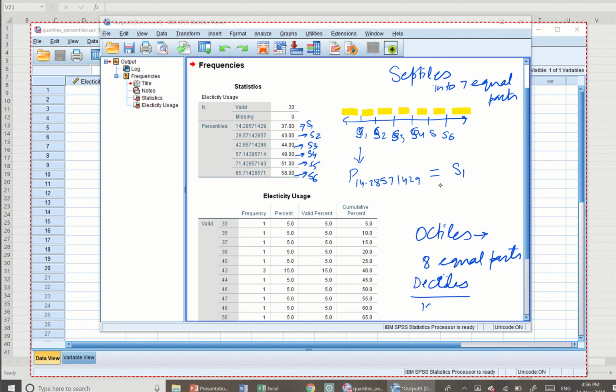Deciles divide the series into 10 equal parts. Right. So although these measures like octiles, deciles and septiles are rarely used and probably you might not have heard about them, the thing is SPSS very easily does that job for you, and this job is done using the cut points method.